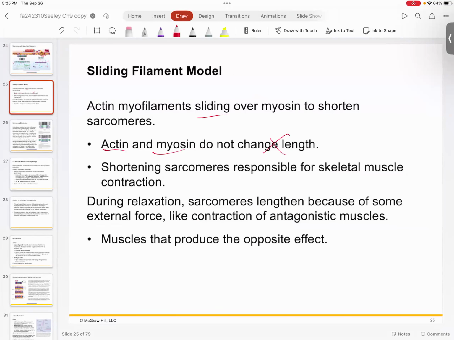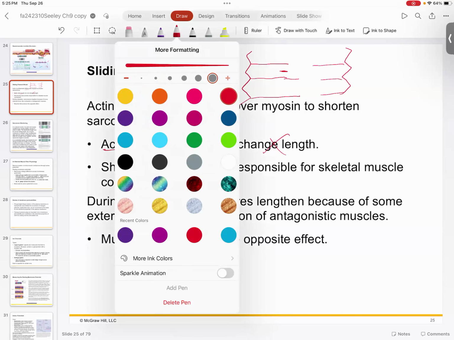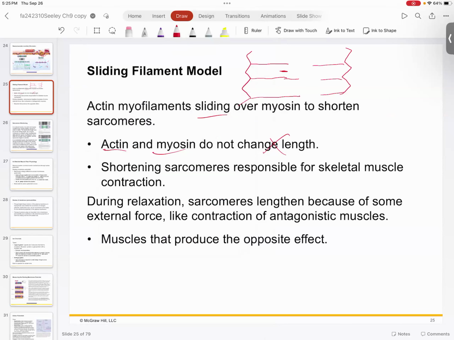So for instance, when you have your Z disc here, you have your actin filaments, which are thin, attached to your Z disc like this. Then in between, you're going to have your thicker myosin filaments. Whoa, that's really thick.